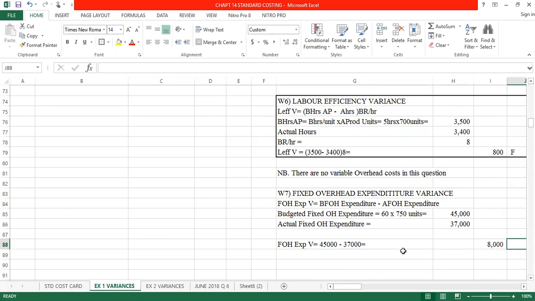Help me there. We had budgeted to spend 45. We actually spent 37. Did we gain or lose? F or A? Thank you.